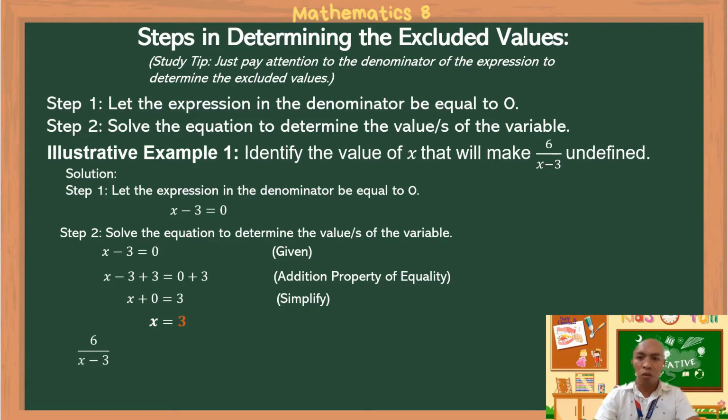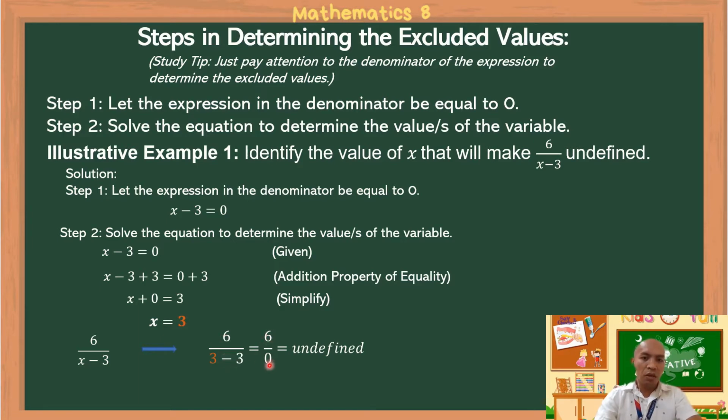So again, let's go back to our given algebraic expression, and we're going to substitute the value of x. From the given expression, 6 over x minus 3, all we have to do is substitute x by the solved value of x, which is 3. So this is now 6 over 3 minus 3.